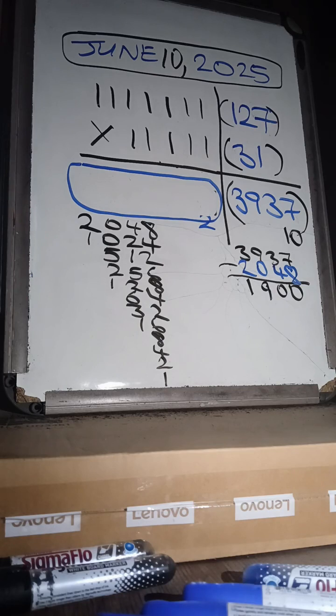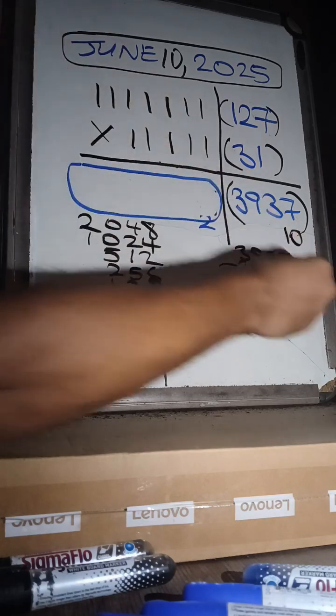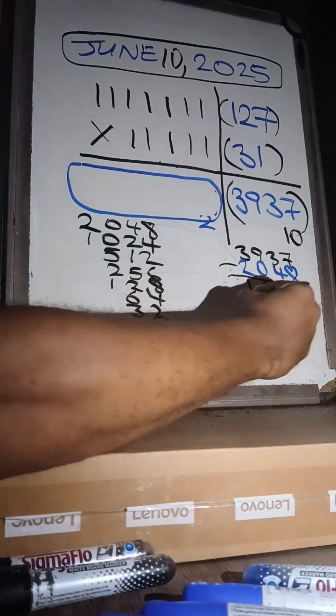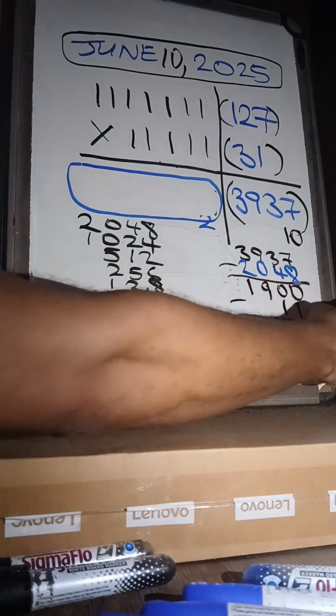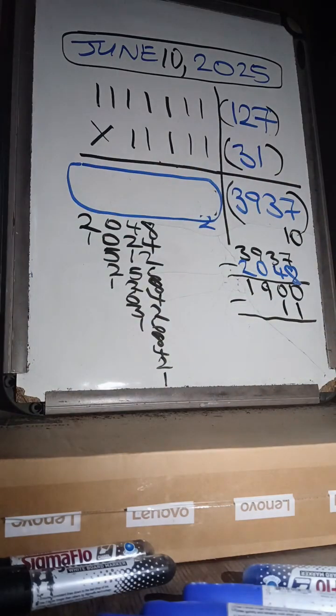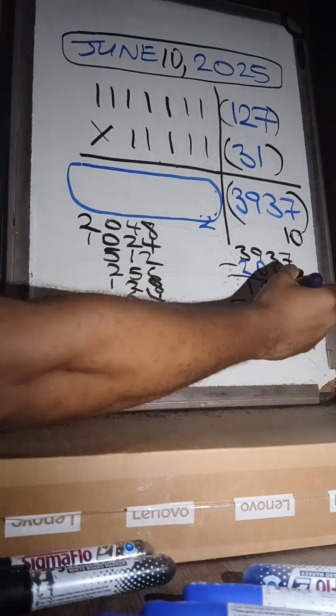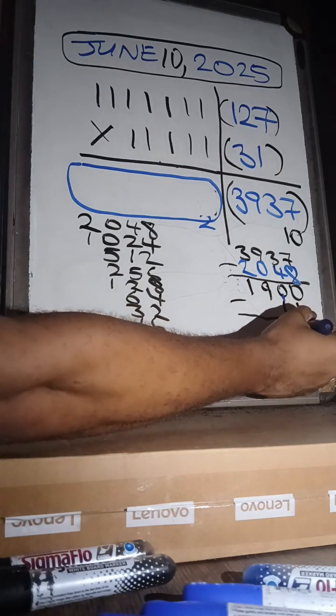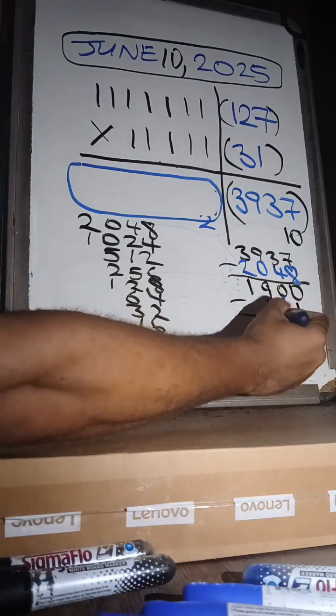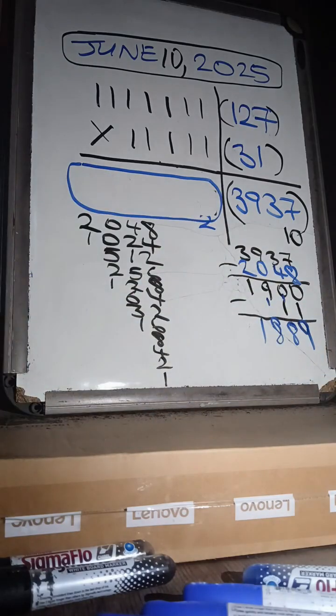So I take 2037 from that. I'm only left with, yeah, this is what I want. That is what I want. And so 9 carry a 1, 2 plus 8. Right, so we have 1889.